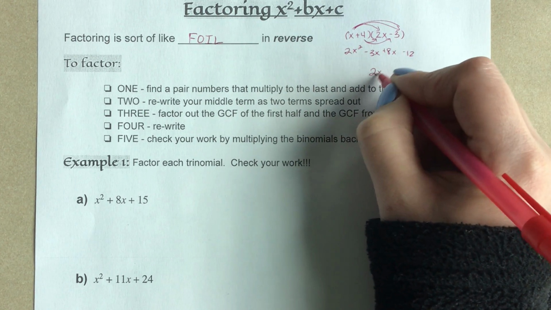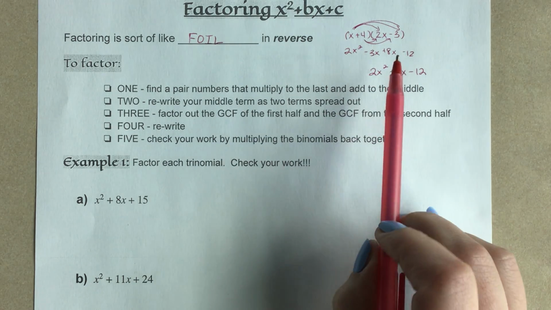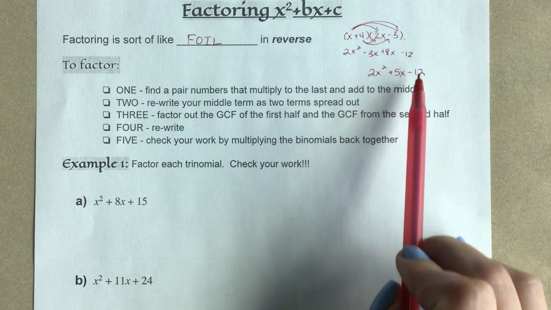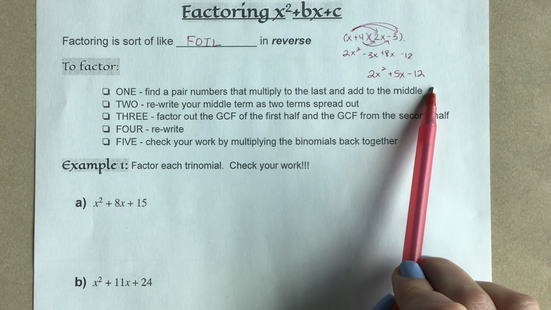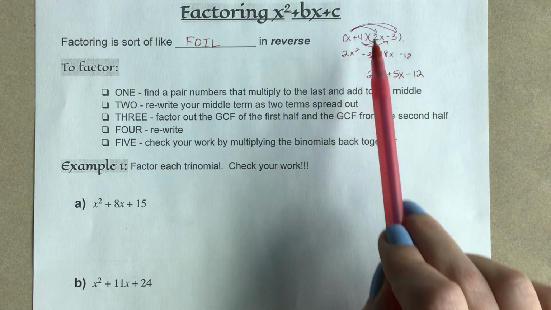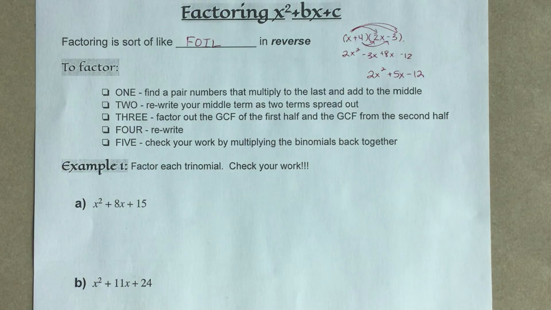And that would get us 2x squared plus 5x minus 12. Well, what we did was take two binomials and turn it into a trinomial. Well, now what we want to do is take a trinomial, this has 3 parts, and turn it into two binomials. So we're doing FOIL in reverse.